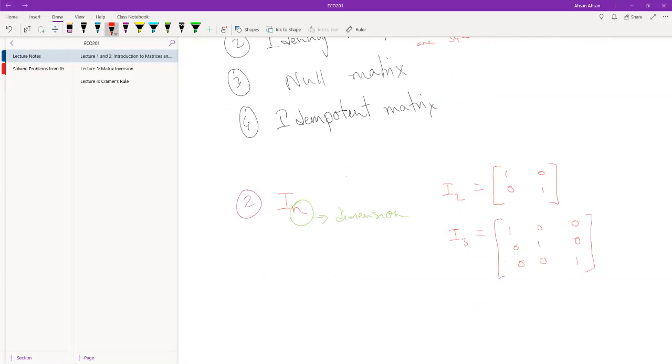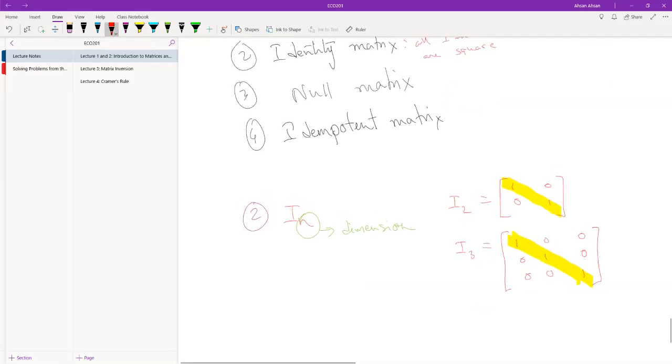From here, you can understand the pattern, and you should be able to construct an identity matrix of any size: I4, I5, I6. All we are going to have is that the principal diagonal is going to be 1, and everything else will be 0.